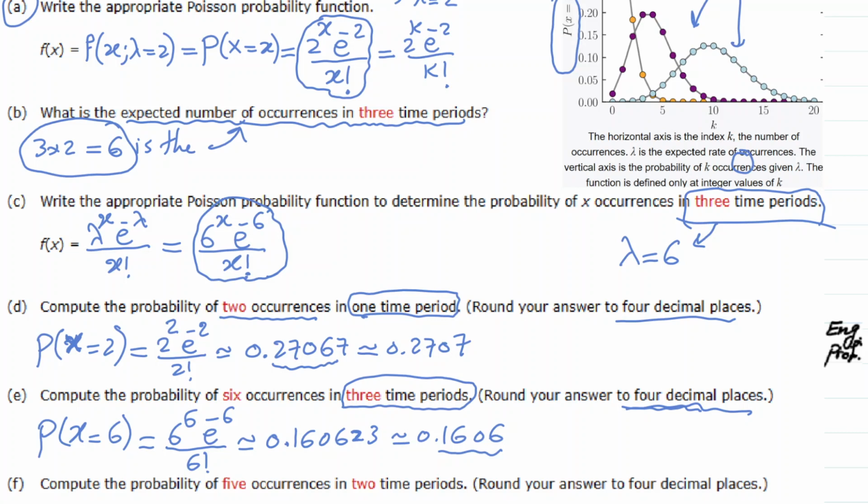Compute for part F, the last part: compute the probability of 5 occurrences in 2 time periods. So now we are changing our observation to 2 time periods. We need to be careful about that. It's again a new window of observation. So we say lambda is 2 times 2, because 2 was the average number of occurrences in 1 time period, but now we're interested in 2 time periods, so it's 4 occurrences on average in 2 time periods.